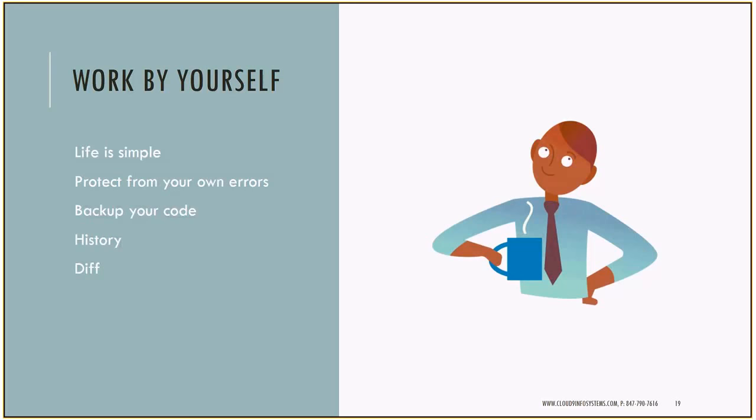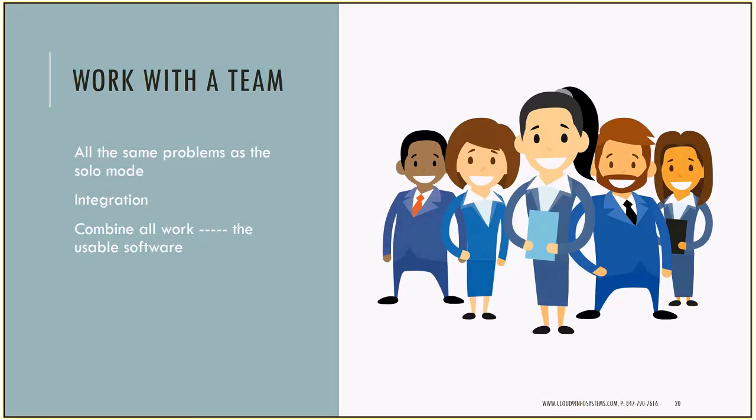between the previous versions. Say you're working with a team. Now you've got all the same problems with working alone, but you also have version control for integration. Now integration basically means combining all of your work together into a usable software that you're going to ship.